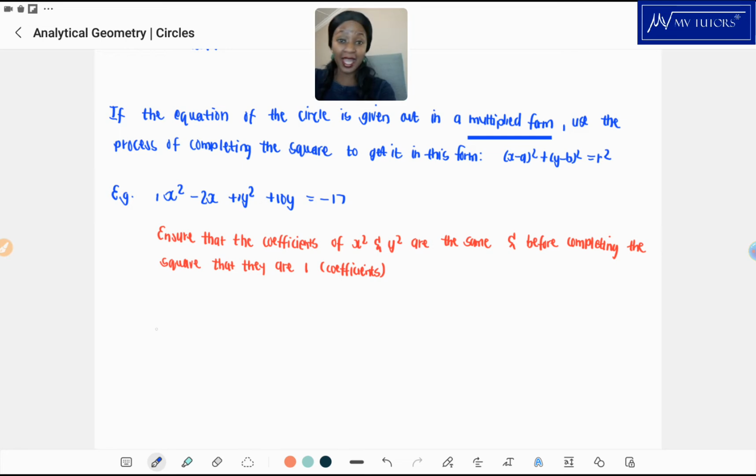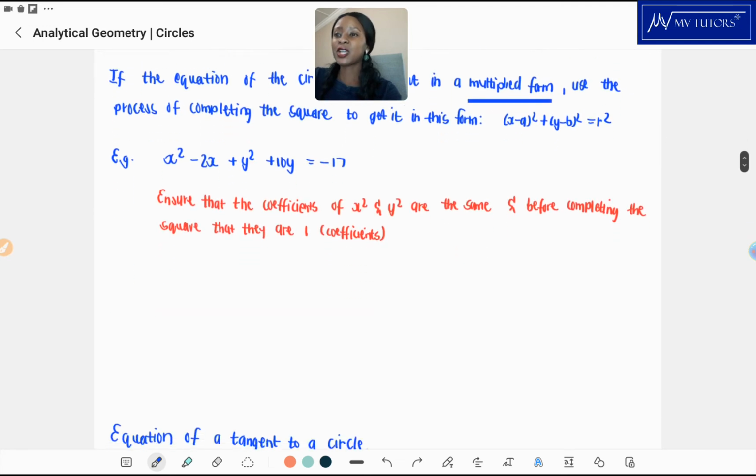Okay, so let's say you had that 2 for both x squared and y squared. You're going to have to divide everything else by 2 such that you are left with 1 as your coefficient. Okay, because now it will start getting tricky, or it won't work out if you're trying to complete the square when you still have coefficients that are not 1 for x squared and y squared.